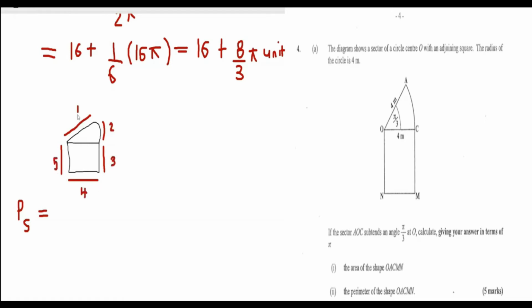So the perimeter is going to be the first side, which is the radius, which is 4, plus the length of the arc. Now the length of this arc is r times theta. That's how we find length of an arc.